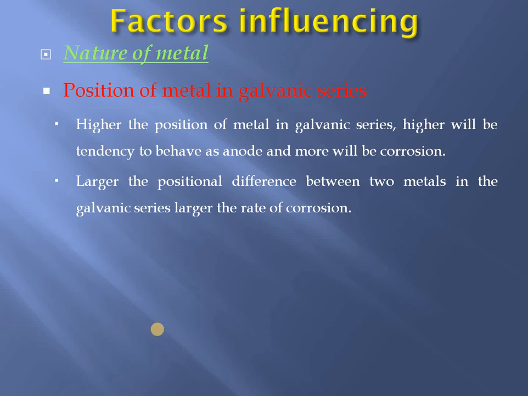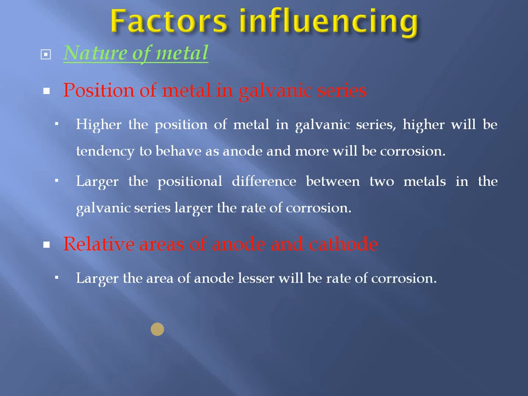Then the second factor is the relative areas of anode and cathode. The larger the area of anode, the lesser will be the rate of corrosion, while the larger the area of cathode, the higher will be the rate of corrosion.